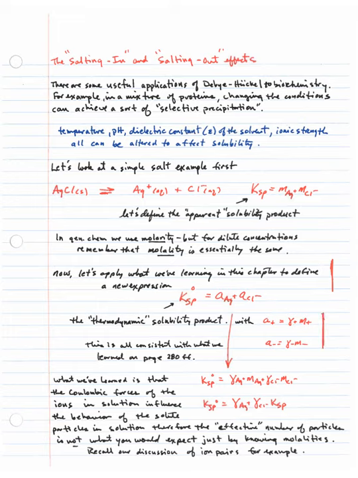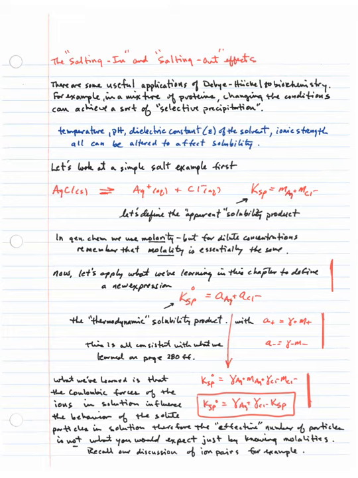We have equations for what activities are equivalent to from earlier. They're activity coefficients times molalities. This is all consistent if you want to review back on page 280. So making the substitution, you can see that this thermodynamic solubility product can be viewed as the product of individual activity coefficients times the normal KSP that we learned in the past.